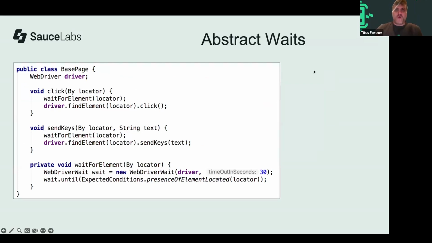So the way I combine these two ideas is to have some kind of abstraction. This is not the way I would actually do it in a real framework, but for purposes of explanation here, you have some kind of abstraction for clicking the element, and you do some kind of waiting, and then you click it. And so these two are now tied together. We're not just locating it and then maybe doing things and then clicking it.